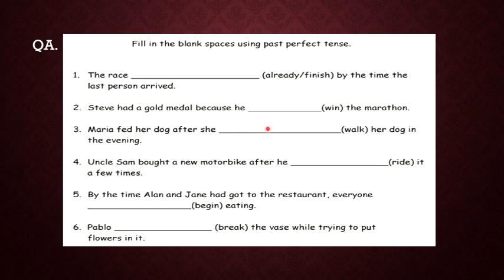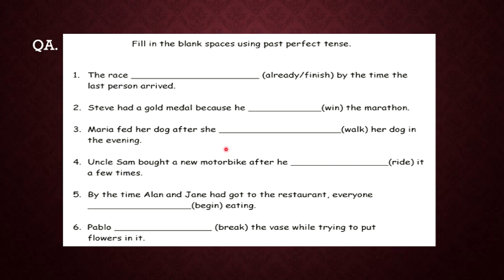So that means the action of walking the dog happened first and then she fed her dog. Alright? That's why fed is past tense and this blank will come in past perfect. Uncle Sam bought a new motorbike after he blank ride it a few times. So that means action of buying happened later and action of riding happened first.